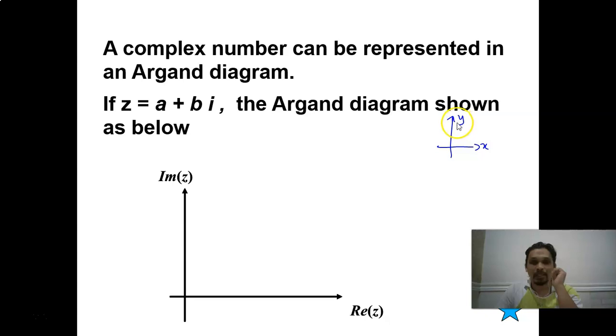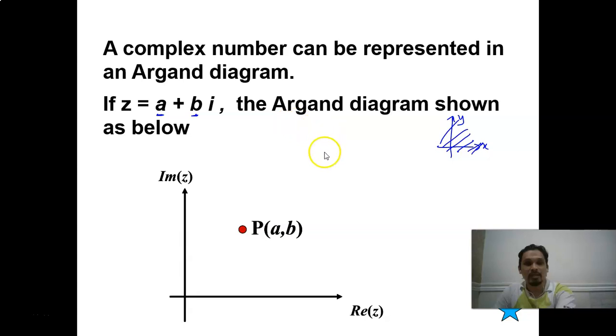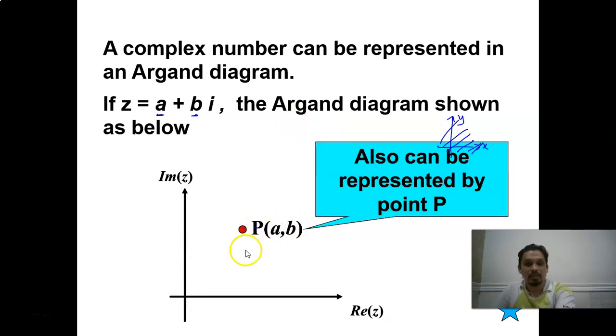In this case right now, we're looking into the real part and imaginary part. If z equal to a plus bi, then the Argand diagram shows the coordinate of P with a and b. This is a and here it is b.